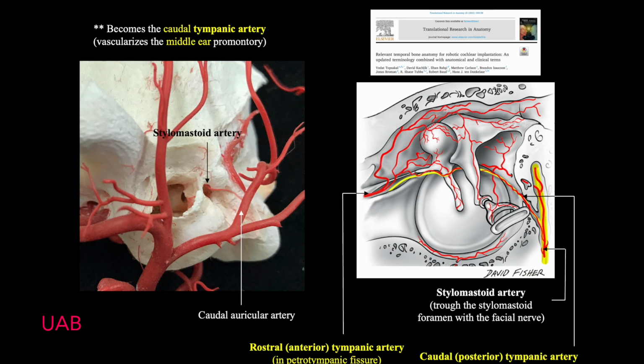There is also another artery, the caudal or posterior tympanic artery. As you see here, the caudal auricular artery branches off this caudal tympanic artery that enters the stylomastoid foramen and forms what is called the stylomastoid artery. And as you see, as it gets inside, it is going to vascularize the middle ear.